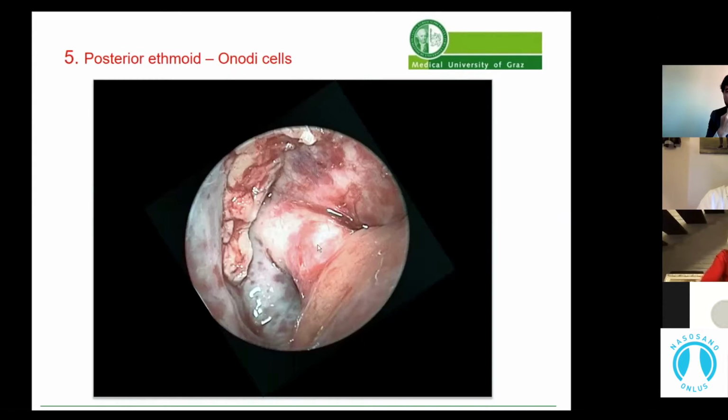And this is a picture in a posterior Onodi cell where the optic nerve can run directly without any bony layer through your operating field. So be aware to know if there is any Onodi cell in order to be able to differentiate between posterior ethmoid and sphenoid sinus during your surgical procedure.